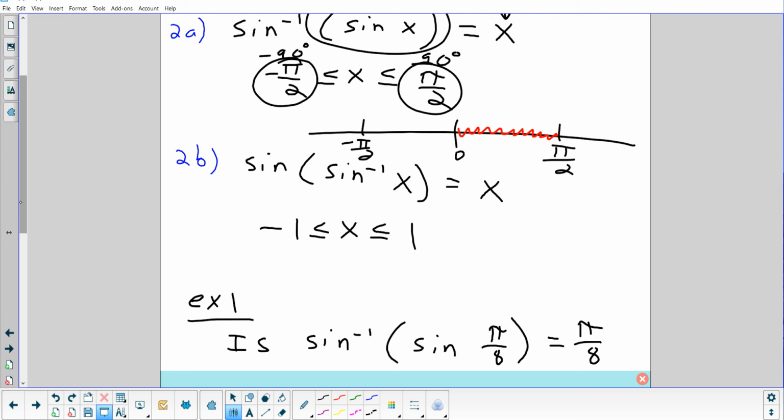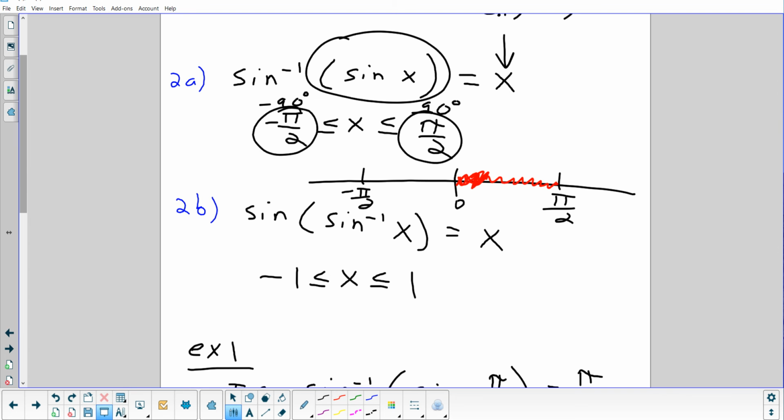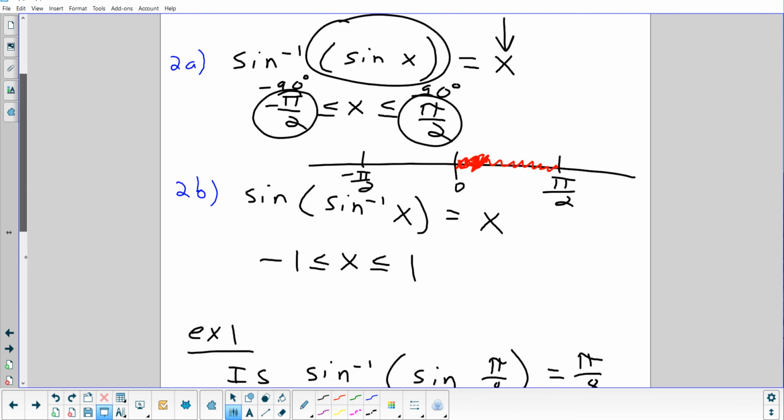So it's smaller than pi over 2, but it's still positive. So would it be in the red section? Yes. Smaller than pi over 2 means it's to the left of it, but we know it's to the right of 0 because it's still a positive number. So maybe it's somewhere like in there. So the answer there is yes. That will work because pi over 8 is between what it had to be.